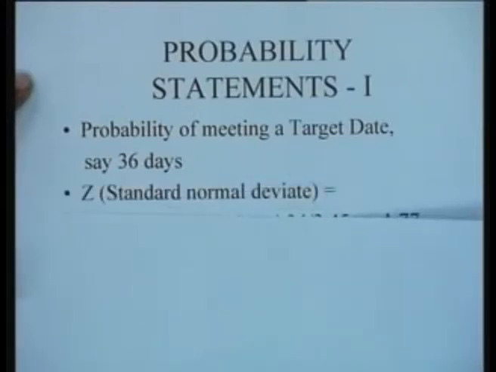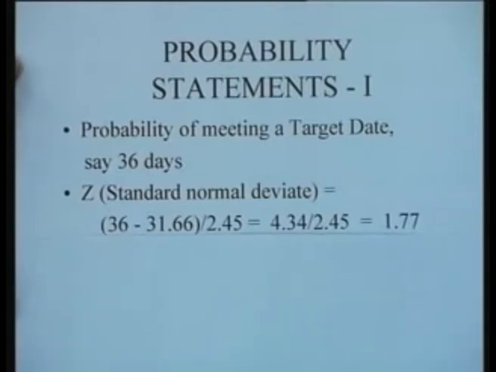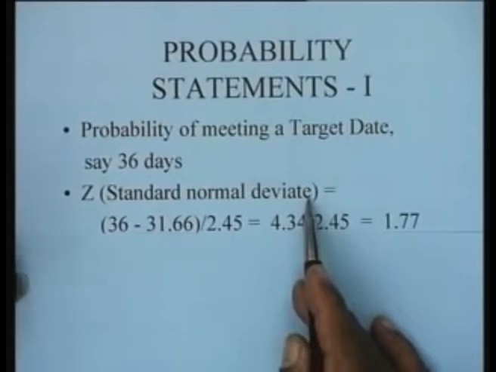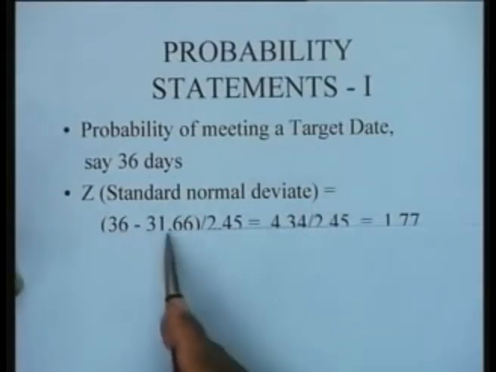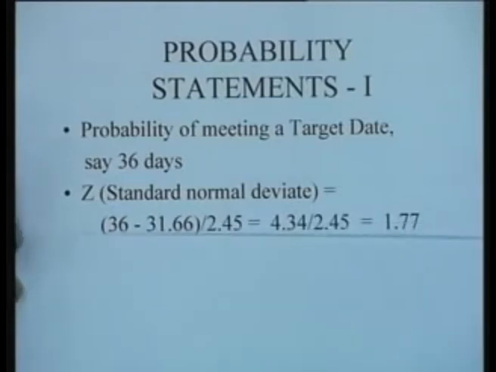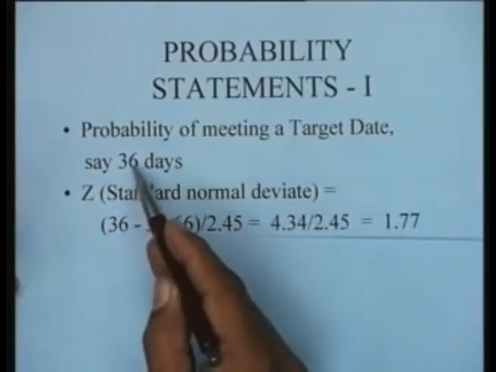So what you can do is, for this particular example, you can compute the standard normal deviate, which is nothing but x minus mu by sigma. So x minus mu by sigma would be that I am interested in finding out for 36 days.